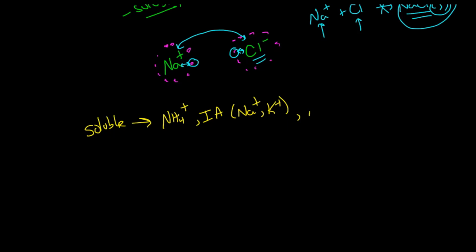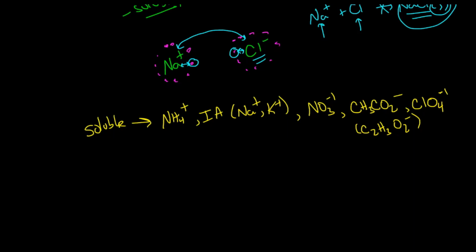An example of this might be if your ionic compound contains nitrate, acetate, which we know is CH3CO2-, or you might also see this written C2H3O2-. These are both ways of writing acetate. Or perchlorate, which is ClO4-. So if the ionic compound you're looking at contains any of these ions, ammonium, an alkali metal, nitrate, acetate, or perchlorate, then it is soluble.